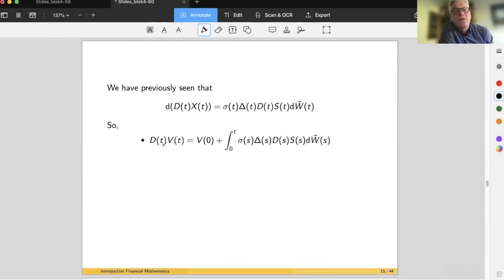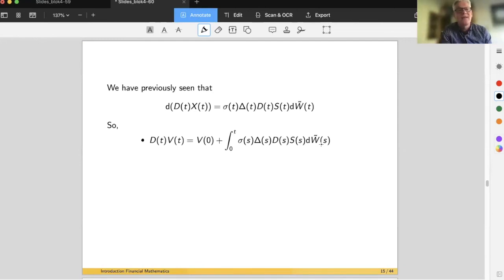The discounted option value is equal to V(0) plus the integral from 0 to t of sigma(s) delta(s) D(s) S(s) dW tilde(s).